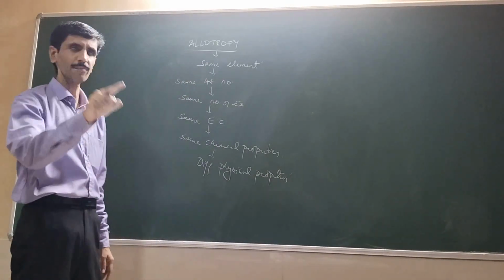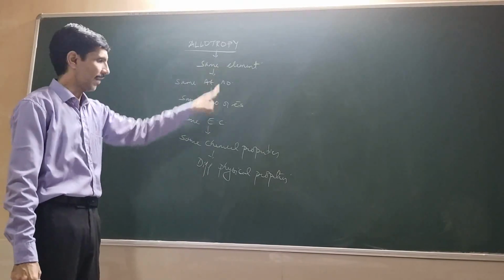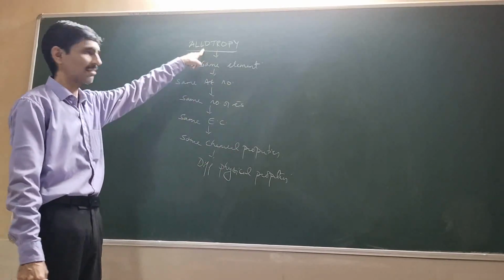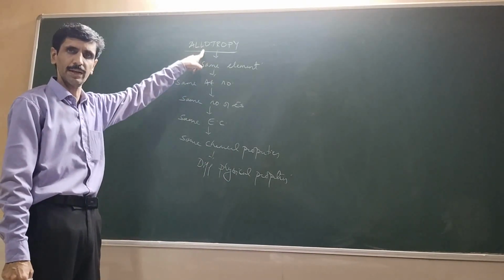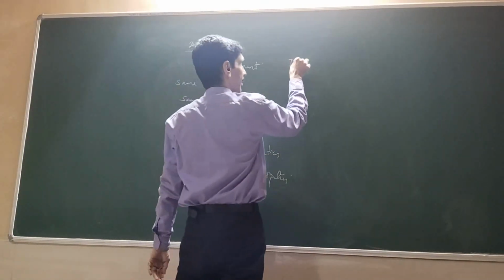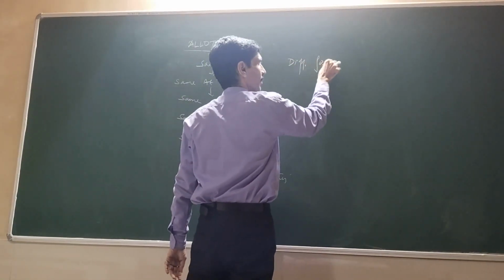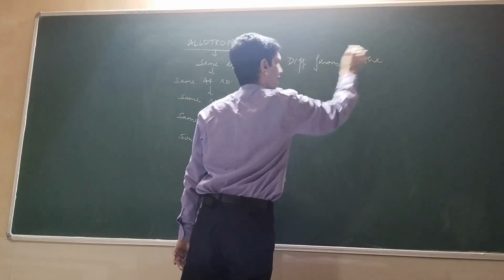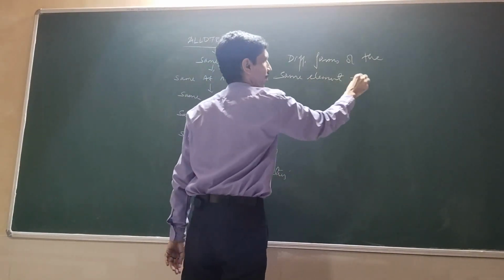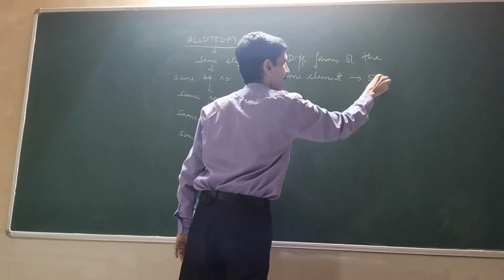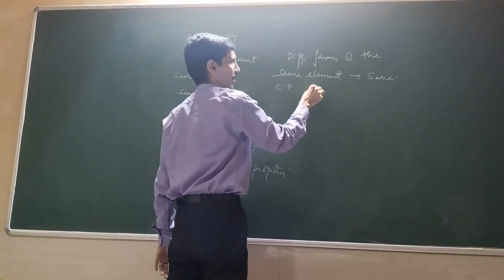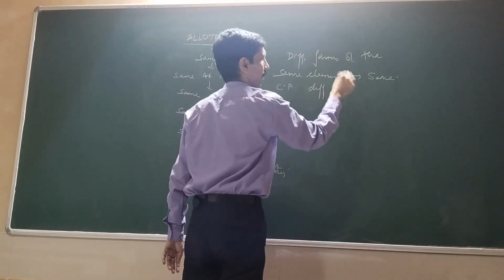So the different forms of the same element having the same chemical properties but different physical properties is known as allotropy. Once again I repeat, different forms of the same element, where the chemical properties are the same but the physical properties are different.